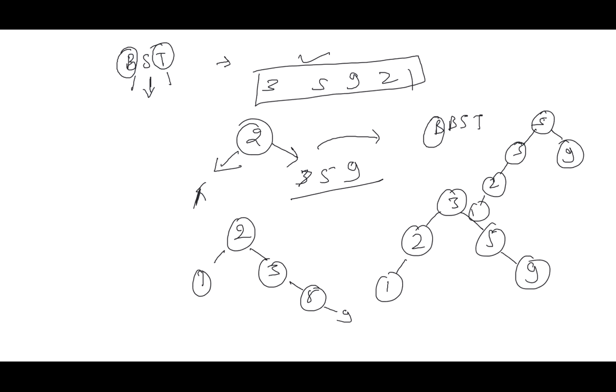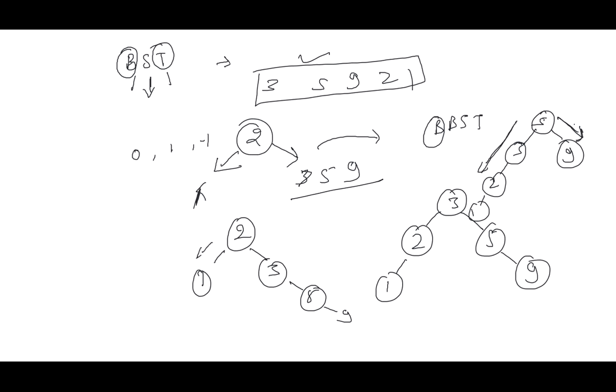But if we have a special property that the difference between the height of the left subtree and the right subtree would be either 0, 1, or -1. So why -1? Let's say here the height is 1, here 1 2 3.